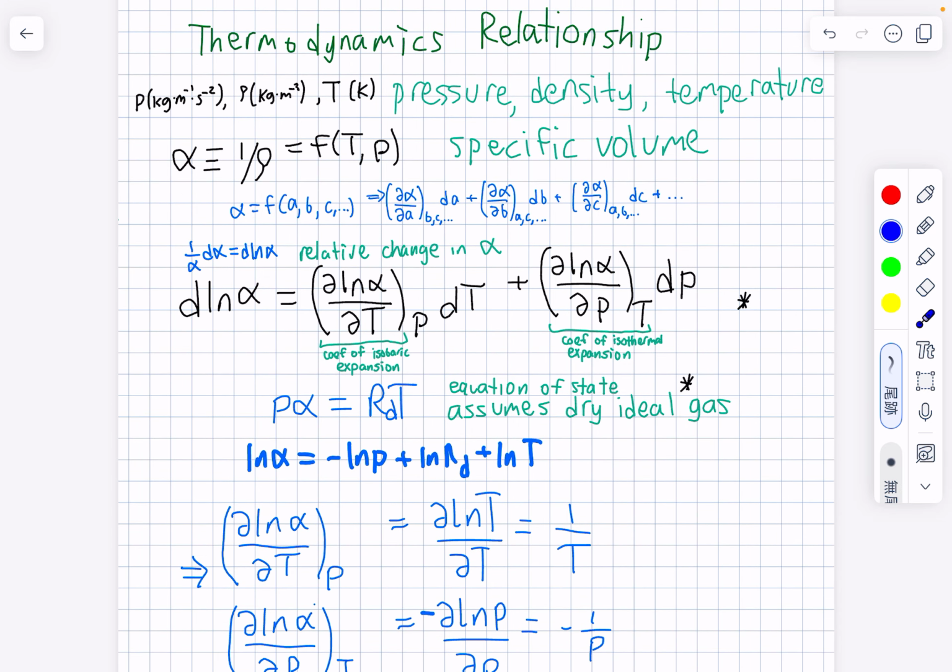So first things first is to define a specific volume, which is the inverse of density. Density is the mass per volume. Well, 1 over density, alpha, is equal to the volume per mass.